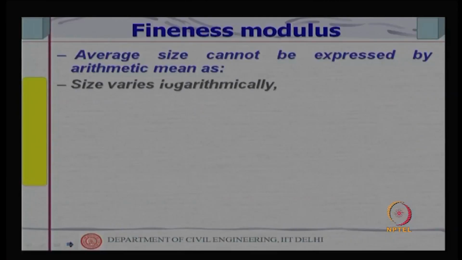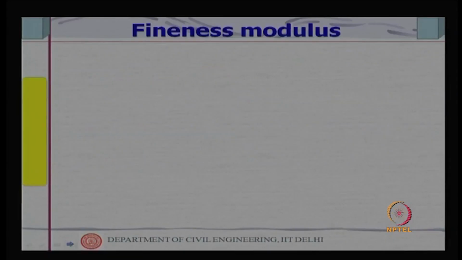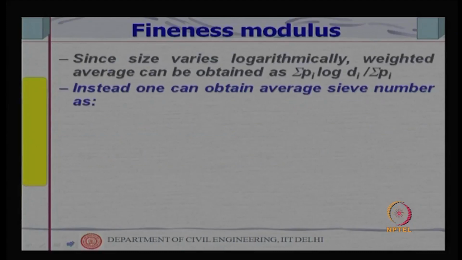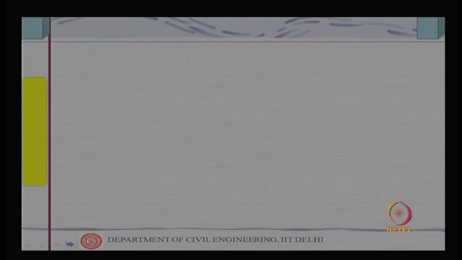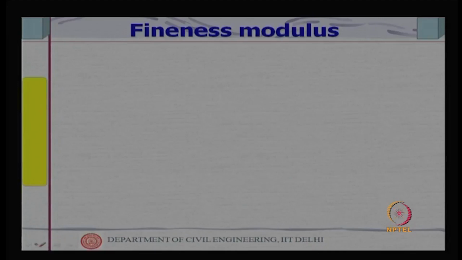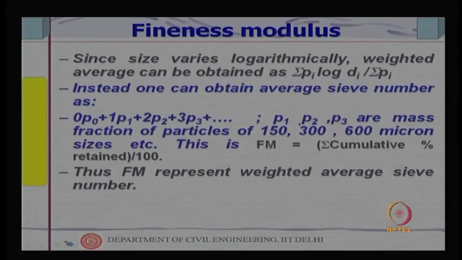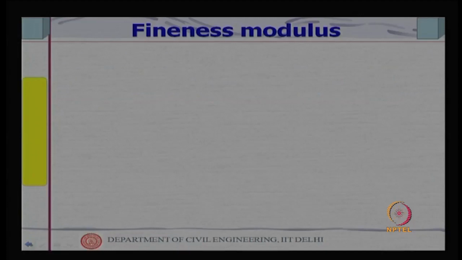Let us look at a typical grading curve. I think I must be having a typical grading curve. Let me have a look if I have one. May not have right now, so we will see it in the next class maybe. A typical grading curve looks something like this.